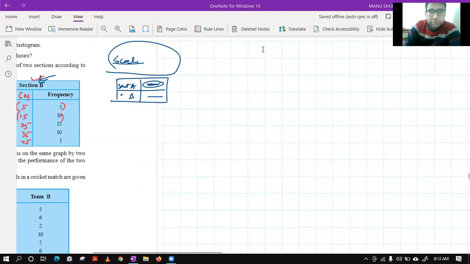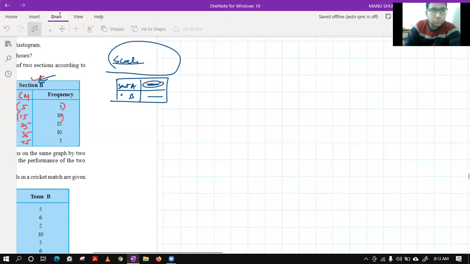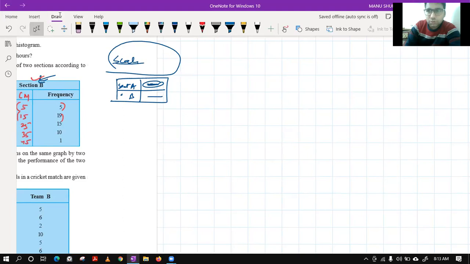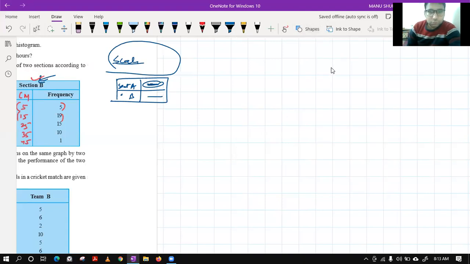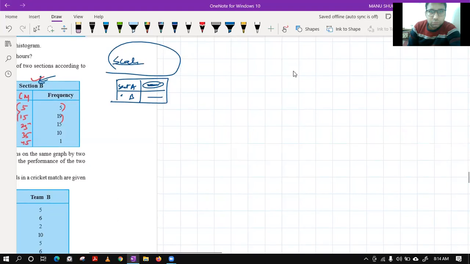Let's try to make this. Just one second. Hide the panel. Arrow is coming in the wrong direction. Let me take a simple line only.